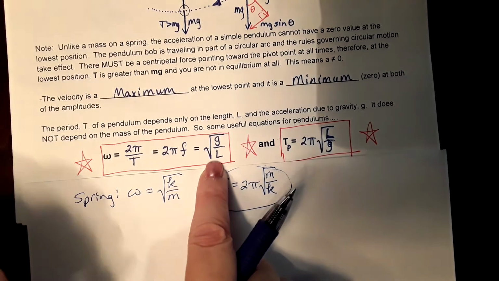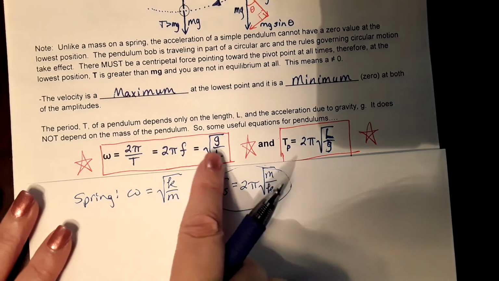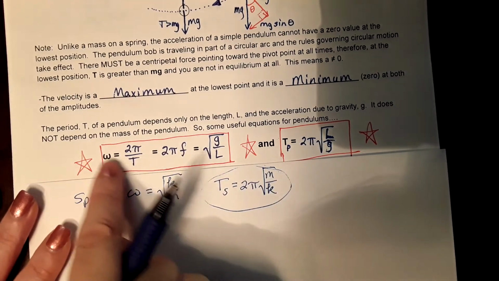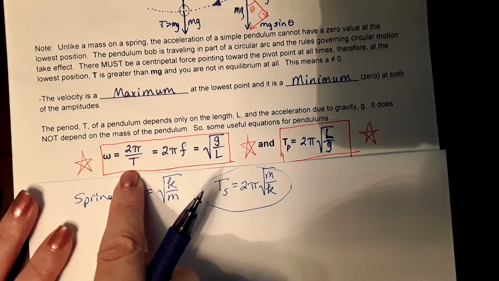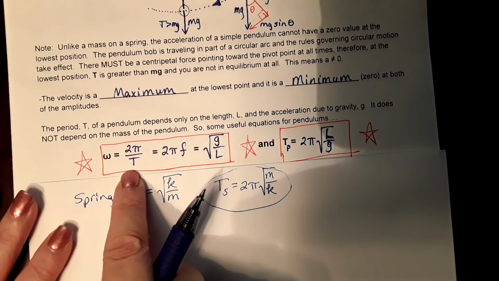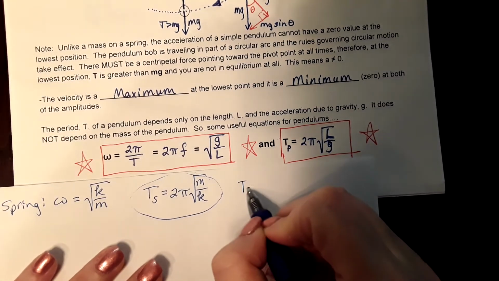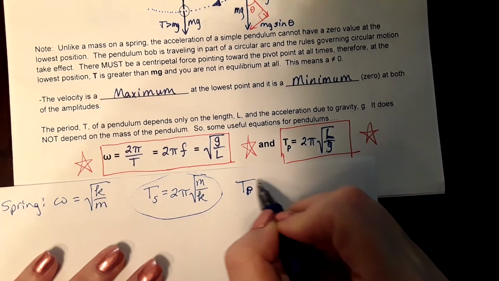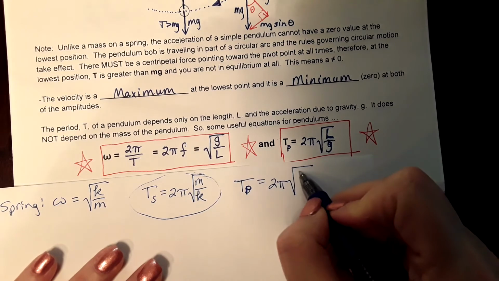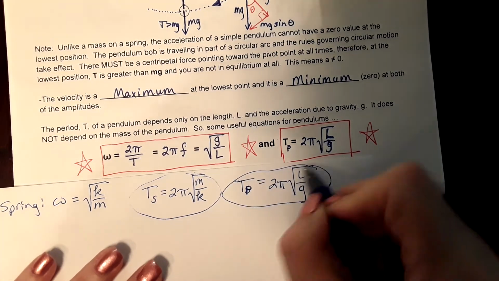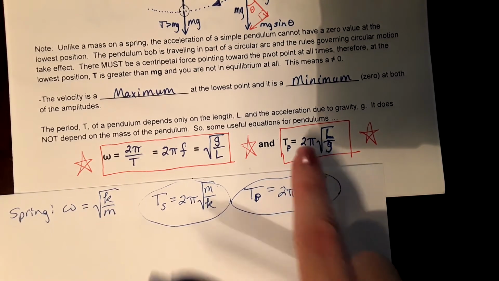If this is the angular frequency and we want to solve for T, do the numerator-denominator switch, and you get 2 pi over the square root of g over L, but we don't want that ratio in the denominator, so we multiply the 2 pi by the reciprocal of that ratio, L over g. So we have one for each: the spring period and the pendulum period right there.